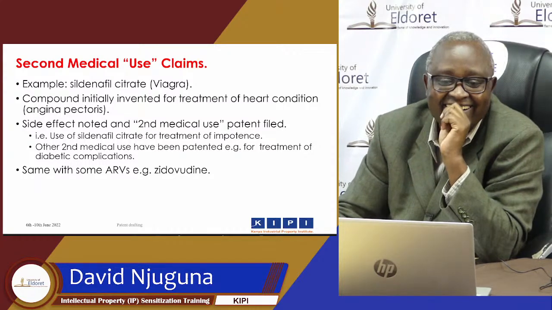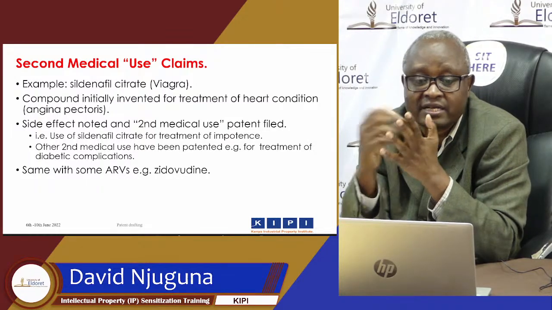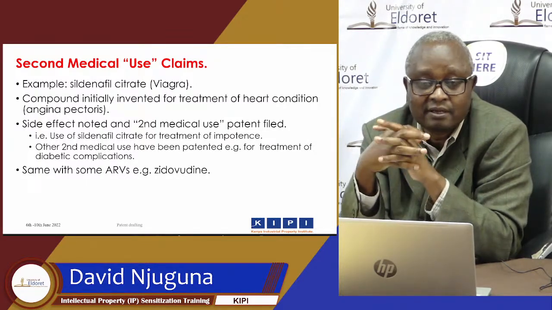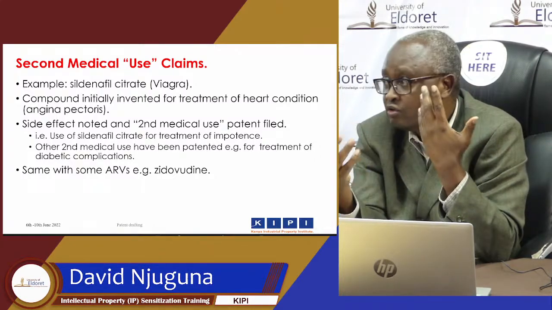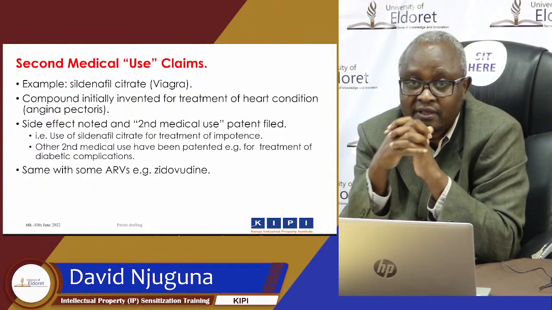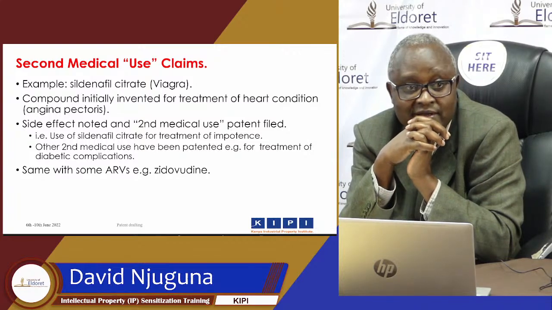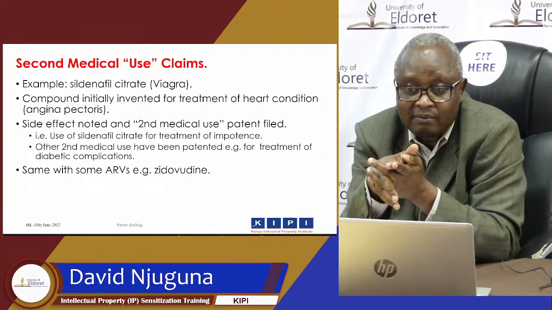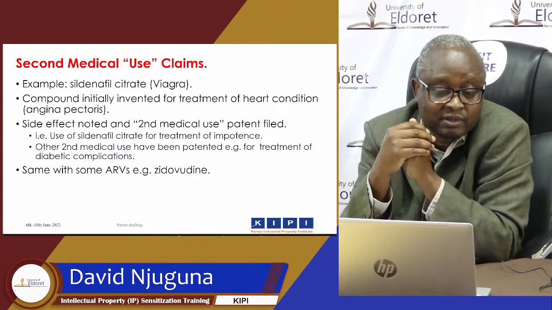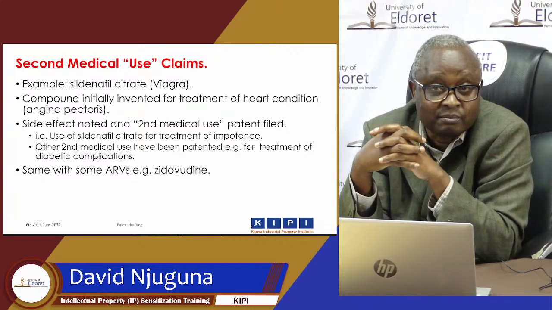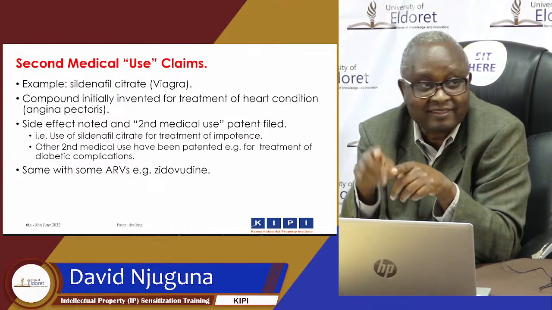Men. So this is a compound that was initially invented for treatment of a heart condition in those days. But when the company was doing the human trials, the clinical trials, they found that it had a side effect to the patients who were being treated. And they said, oh, the side effect is even better than what it was meant to do for the heart.